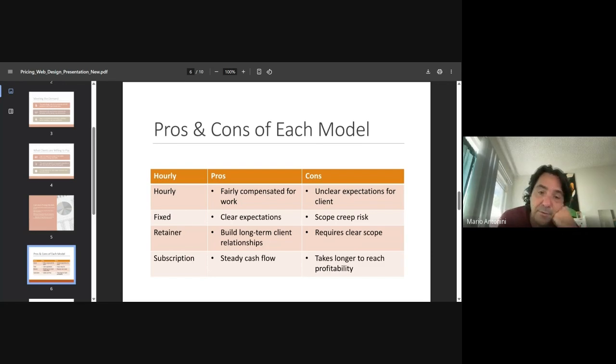Even if you're working hourly, you set a goal: this is going to take X amount of hours, and there should be no surprises. The problem with surprises is usually you say this is going to take 2 hours and you end up spending 20, which happens a lot. So that's the problem, not setting proper goals or proper scope.